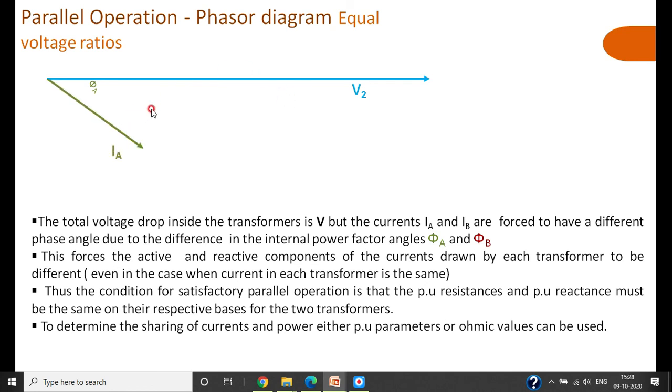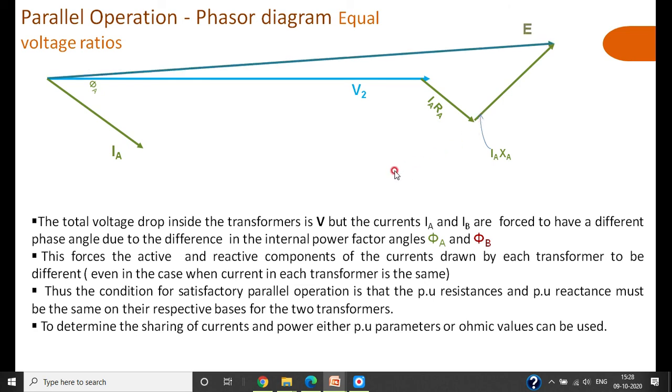Then IA is the current delivered by the transformer A, which is lagging V2 by an angle of phi. Then IARA is drawn parallel to IA. Then it is added to IAXA. Then what I am getting is E. Similarly, you can draw IB, which is lagging by phi B, and IBRB, which is drawn parallel to this, and IBXB perpendicular to IBRB.